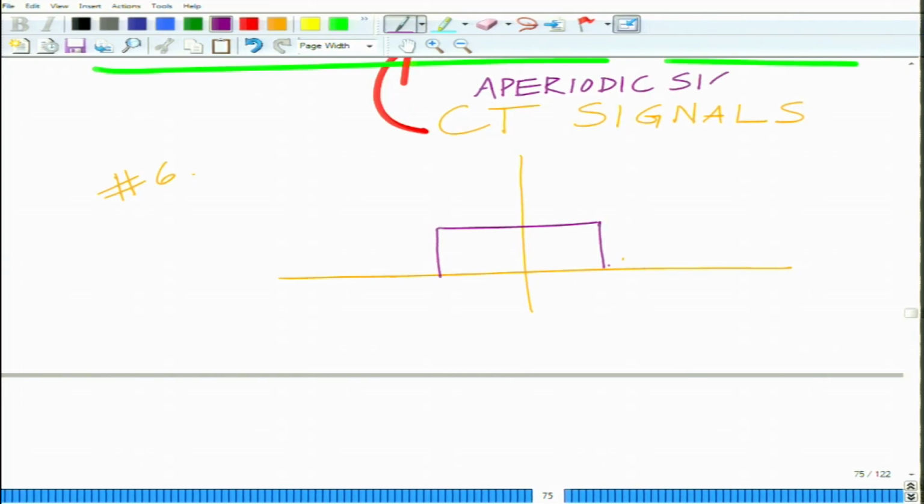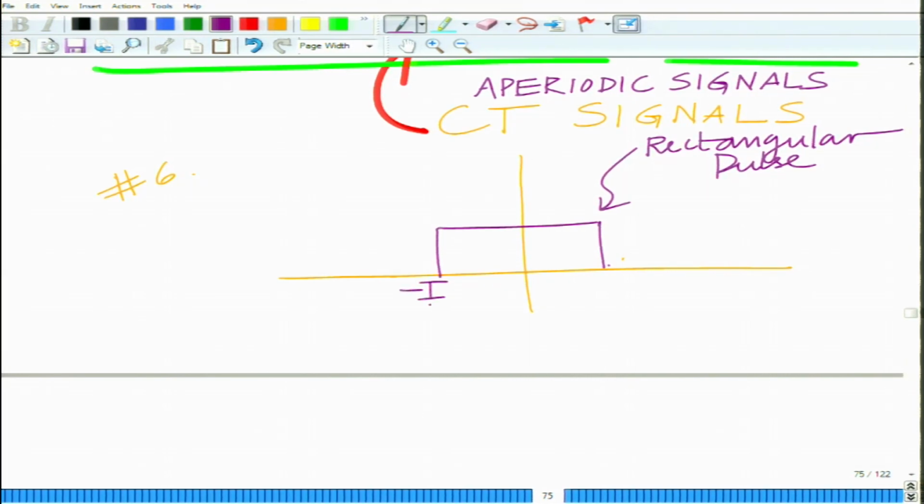Let us look at now continuous aperiodic signals. So, this is a rectangular pulse of width T, from minus T by 2 to T by 2 of height unity.